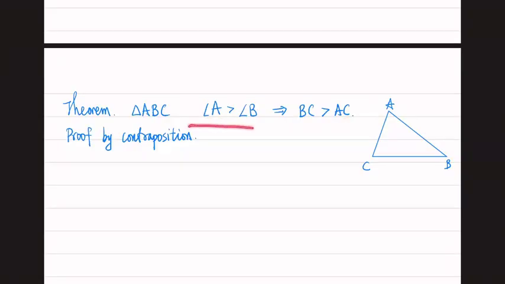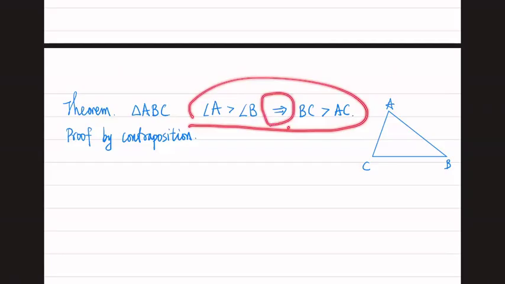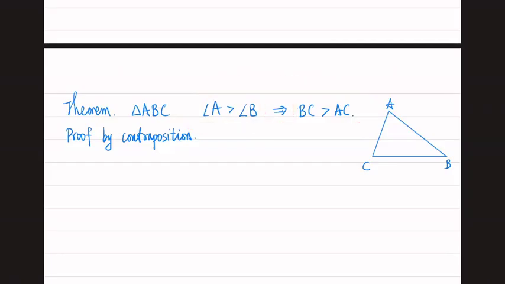If BC is less than AC, then angle A is less than angle B. Okay, it's more correct. Yeah, that's what I meant.